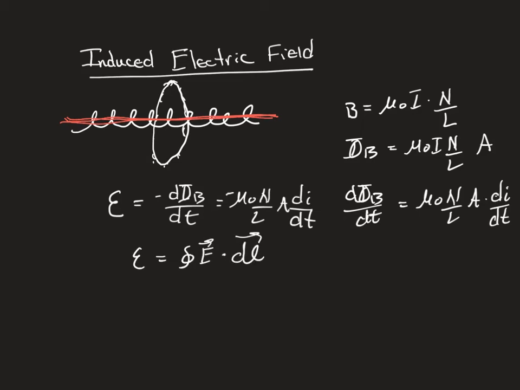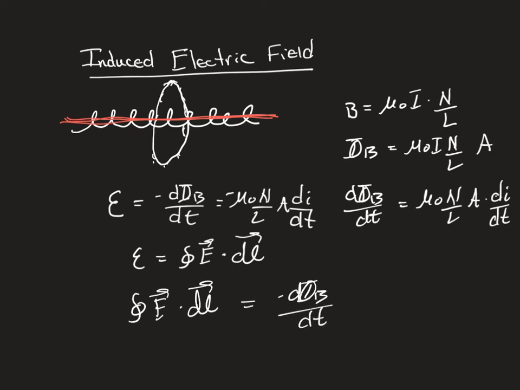So the induced EMF leads to an electric field in this loop, which causes an electric force, which actually pushes the electrons around. So our path dl here, for this case, would be the path or the circumference of the circle. So another way of stating Faraday's law is to say that the integral of the electric field dotted with the path is going to equal the change in magnetic flux with respect to the time.